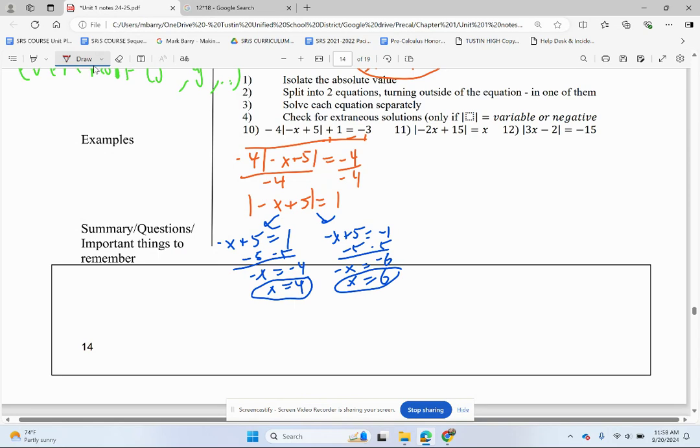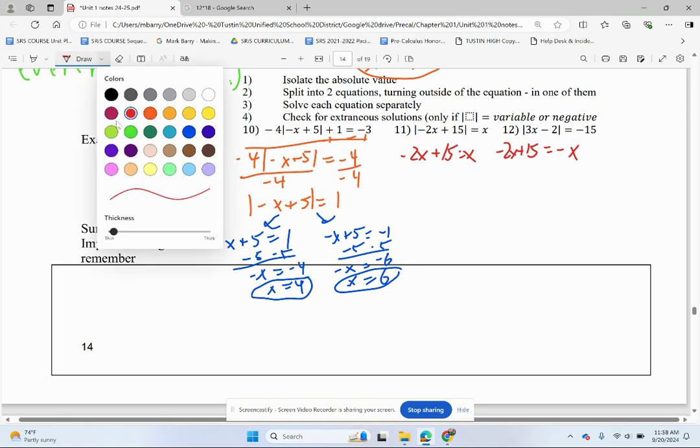Okay, next up we have our absolute value equal to x, and so this one I know I will have to check for extraneous solutions. But first I'll go ahead and solve it. So we'll say -2x plus 15 equals x, and then we'll also say -2x plus 15 equals -x. All right, so I got variables on each side, so I'm going to add or subtract all the variables to the same side.